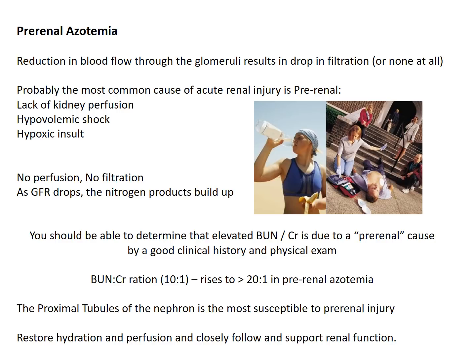Azotemia meaning elevated nitrogen in blood, and again, the elevated nitrogen products are BUN, creatinine, and uric acid. So if you have something that interrupts or diminishes blood flow through the glomeruli, that can lead to a drop in filtration, and that drop in filtration can lead to the accumulation of the nitrogenous waste products.